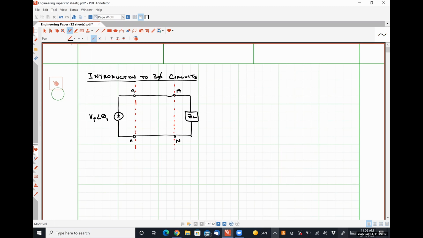Everything to the left of the dashed line represents a source quantity. Everything to the right of the dashed lines represents a load quantity, and everything here in the middle is representative of transmission lines.